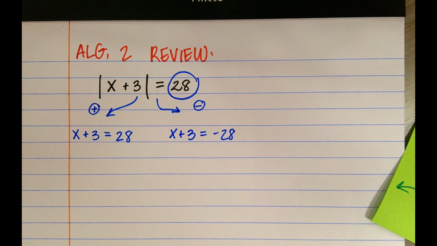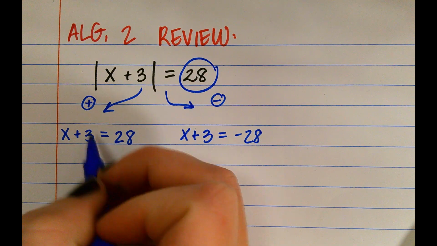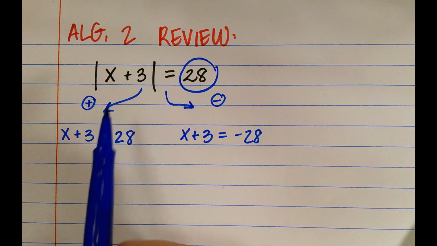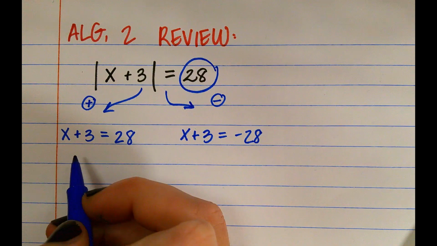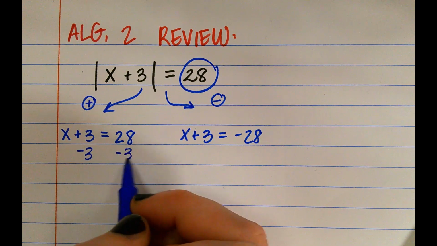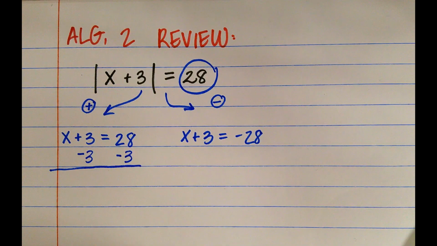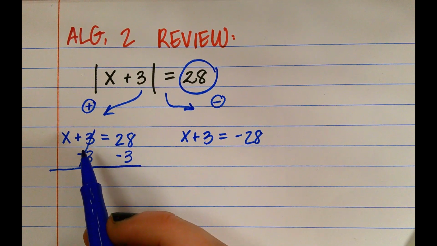We've split it up. And now we would do exactly what you said, Milena. You said we're going to get rid of that plus 3. And how do we get rid of plus 3? Minus 3 on both sides. Those will cancel.